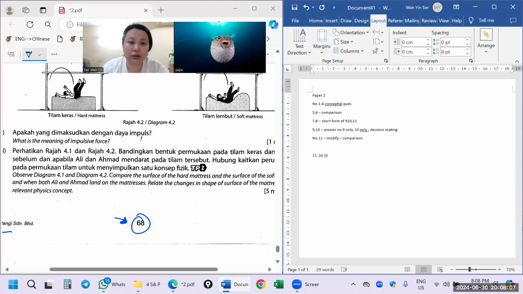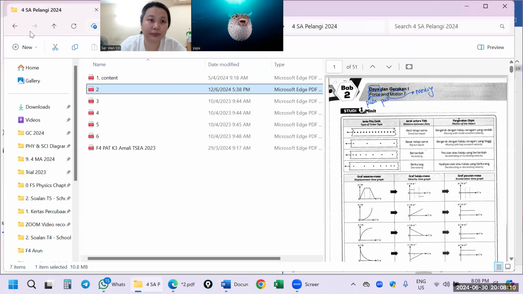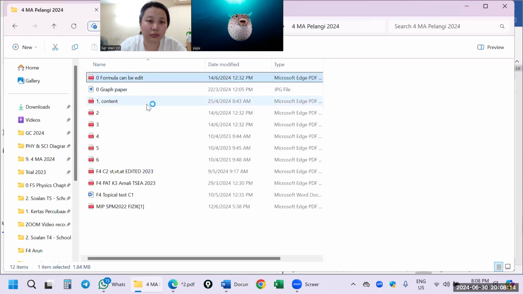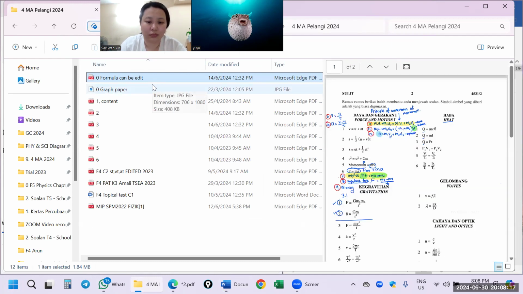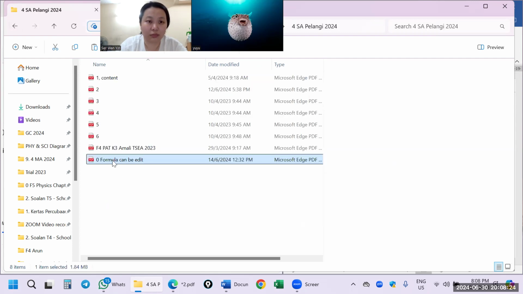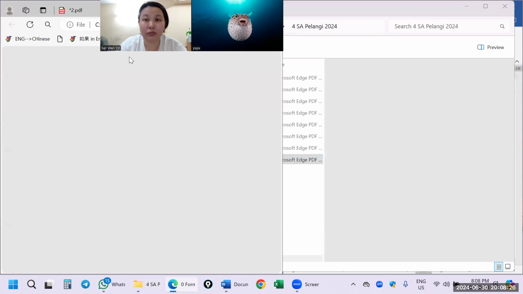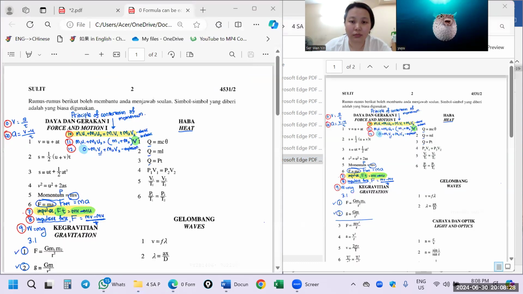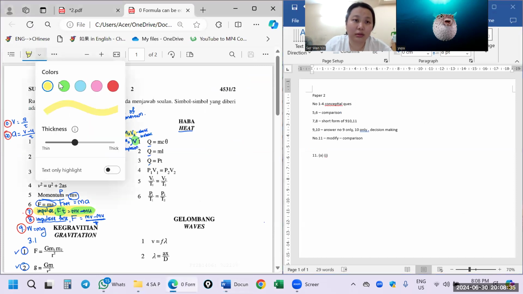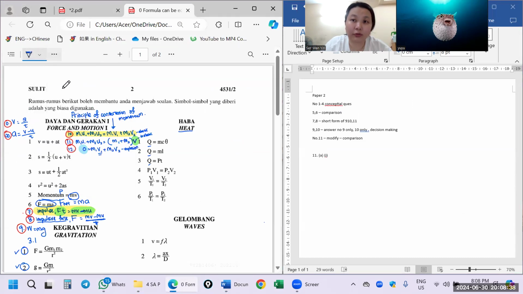Okay, so according to your formula, the formula will be given like this only, okay?